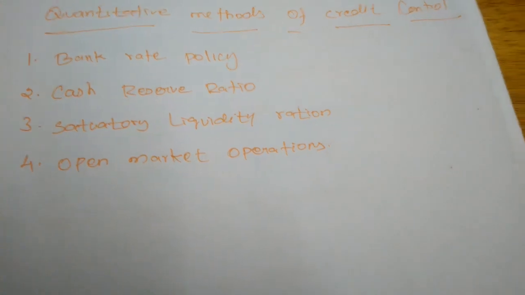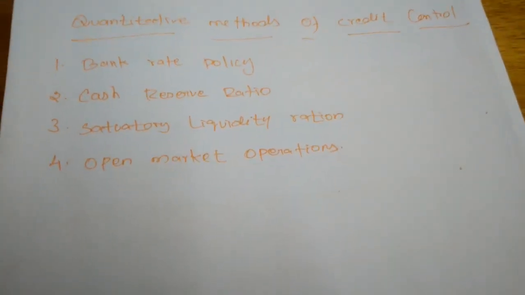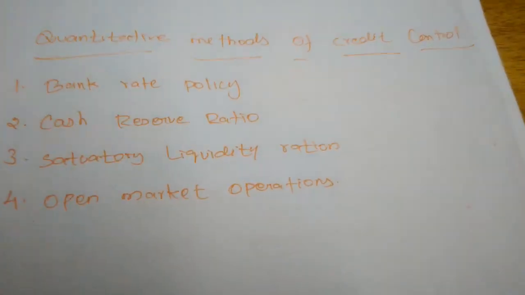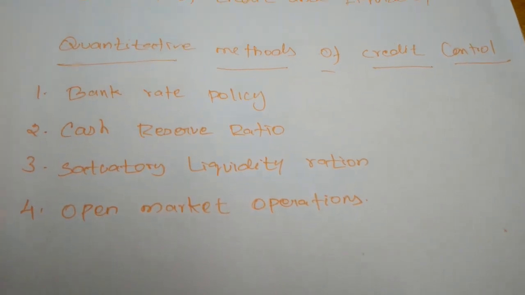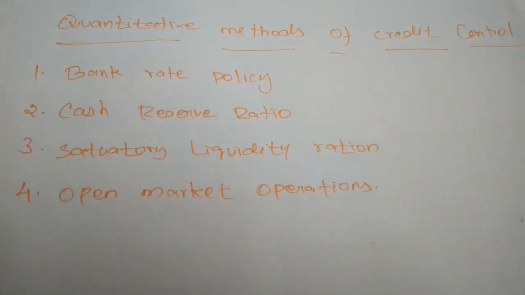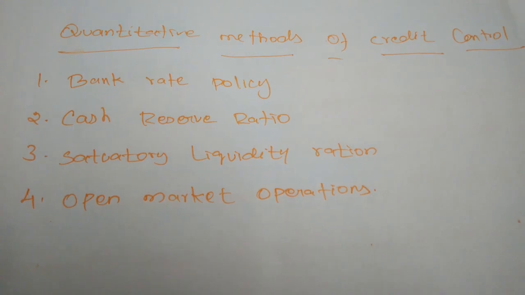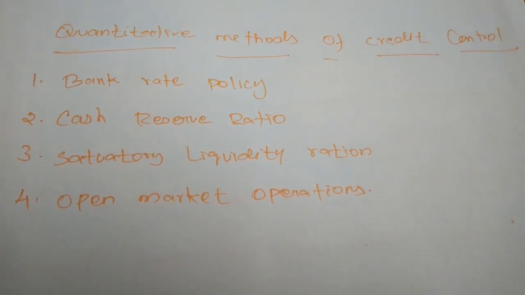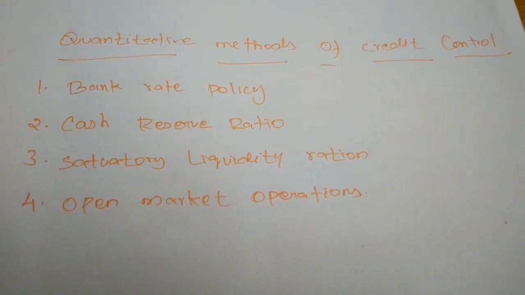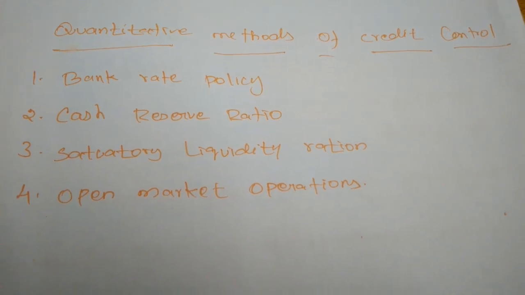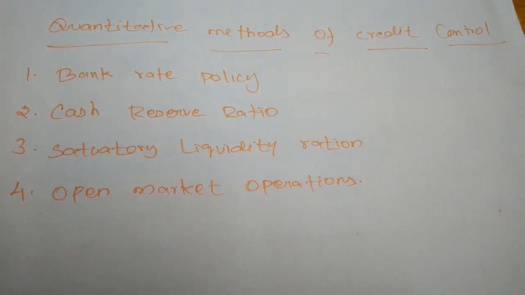The open market operations are also undertaken by the Reserve Bank of India only. On the basis of open market operations, the RBI will sell and buy debentures on behalf of the government. At the time of inflation, the RBI will sell government securities.